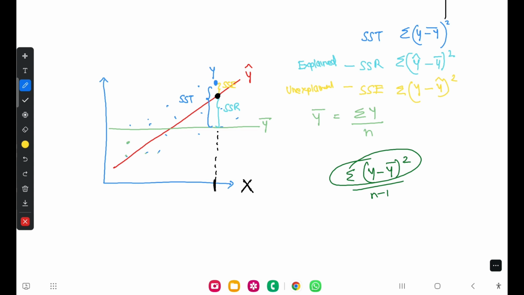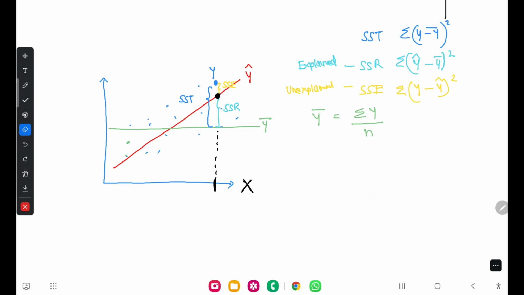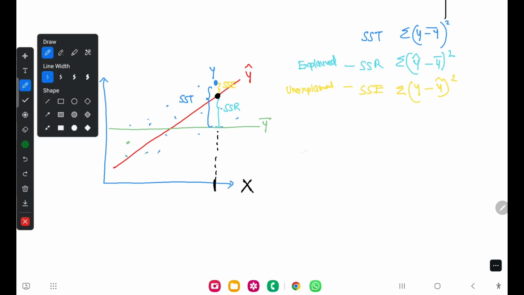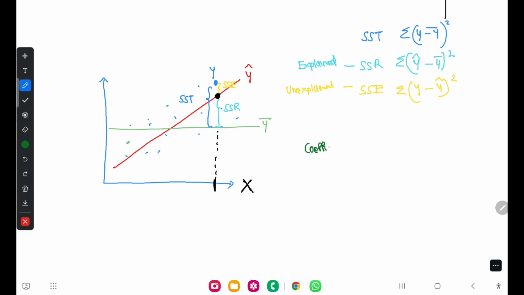So that's why we have a measure called the coefficient of determination. Let me erase this. This is the variance formula, right? I'll erase this off. So we have a measure called the coefficient of determination, R square, basically, capital R square.